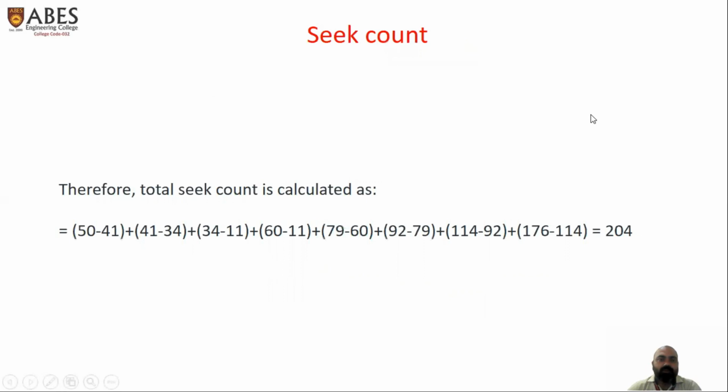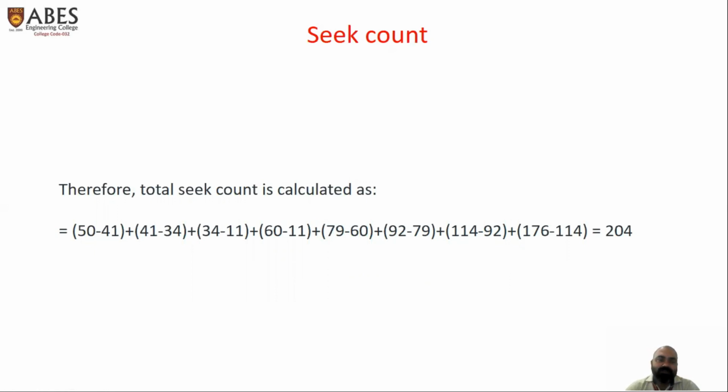In the last, we calculate the seek count for this request using the SSTF scheduling algorithm. The seek time will be 50 minus 41 plus 41 minus 34 plus 34 minus 11 plus 60 minus 11, then 79 minus 60, 92 minus 79, then 114 minus 92 plus 176 minus 114.